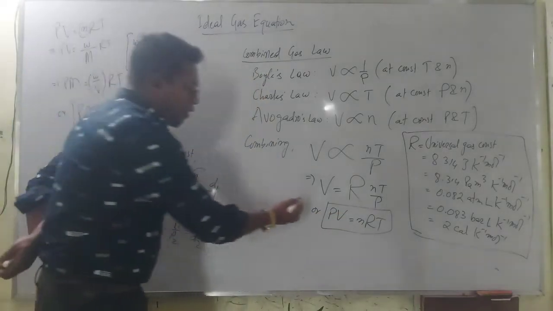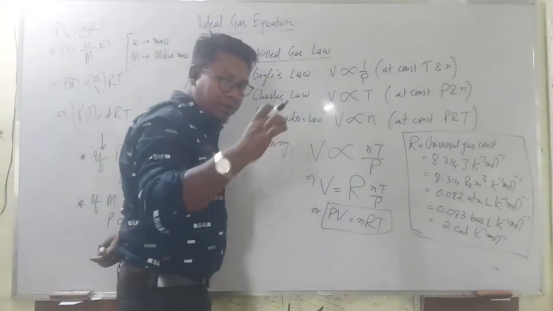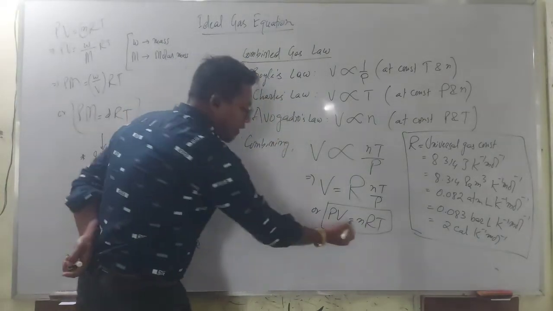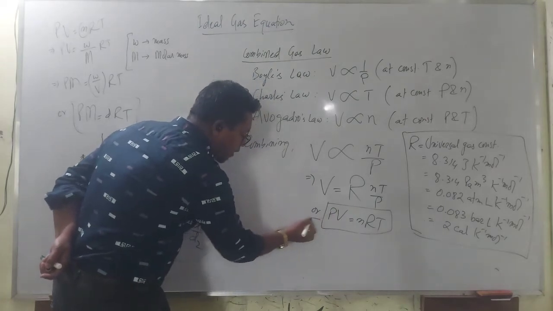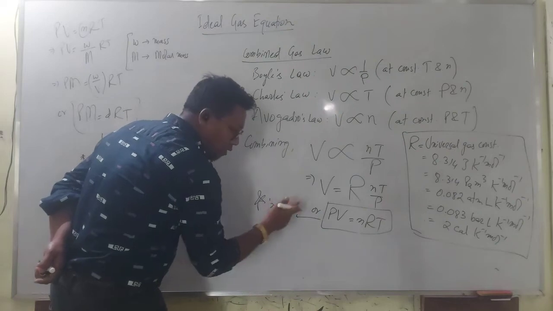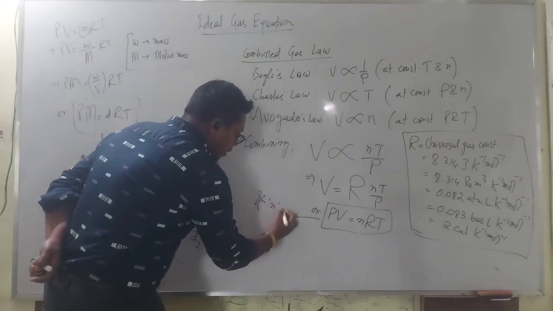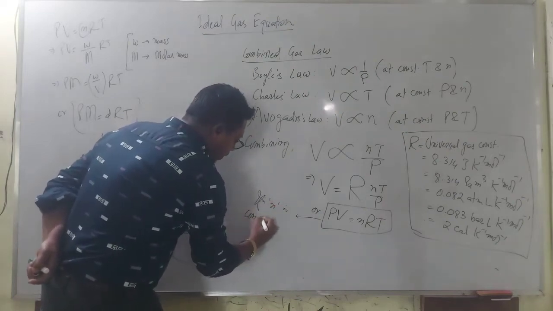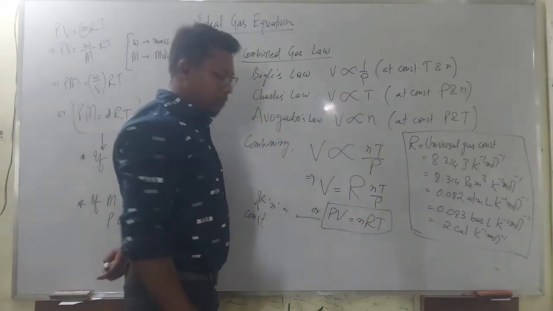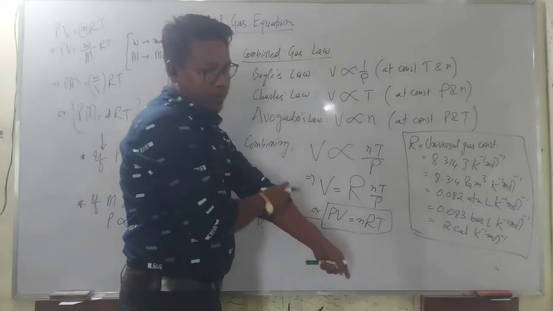So from this relation, if only one parameter is constant, for example if N is constant, then P, V and T are not constants, but N and R will be constant.